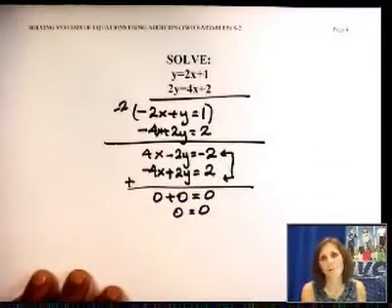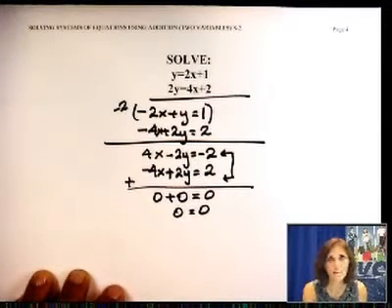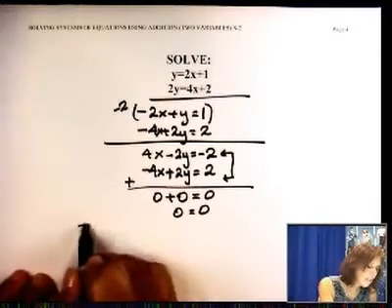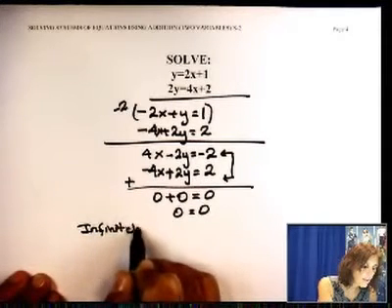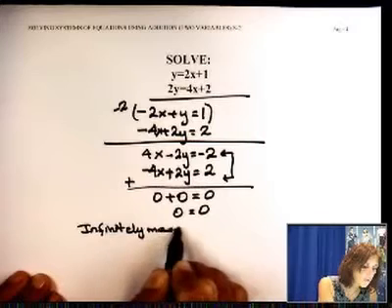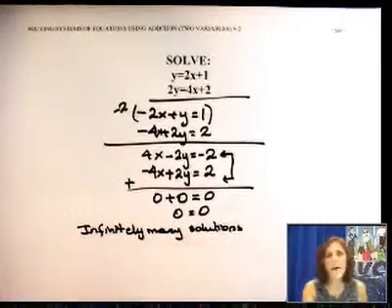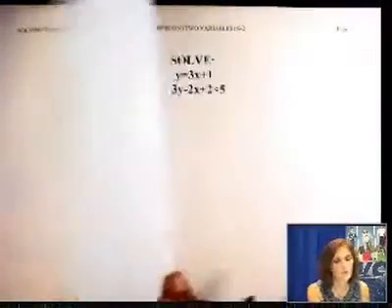You didn't have two equations. You actually have one equation, and you're trying to figure out two things. You can plug in a bunch of different numbers and make that work. What does that mean? Infinitely many solutions. All right? So you have infinitely many solutions other than no solution.